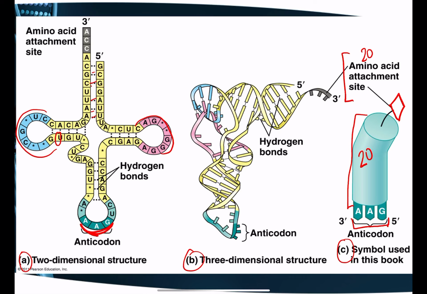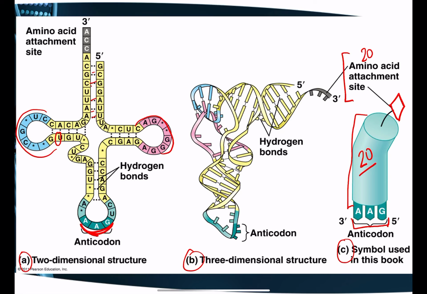Now, remember, some amino acids are coded for by different sets of codons. So maybe CCC is serine. I'm not looking at a chart, so I'm just making that up. But maybe also CCG is serine. And so one tRNA is going to carry potentially all the anticodons for serine, okay?